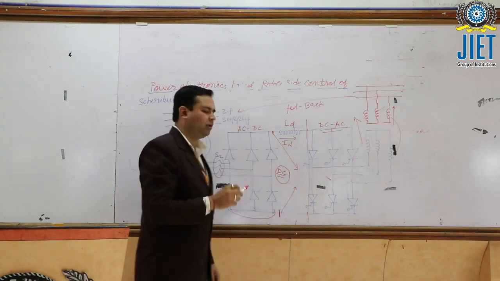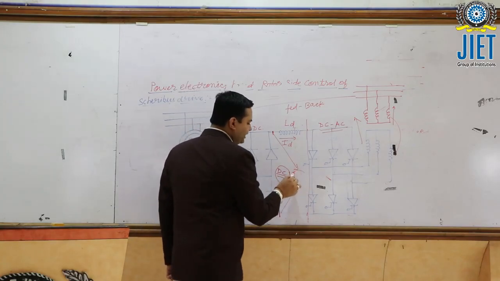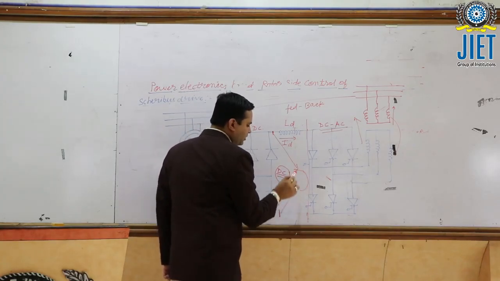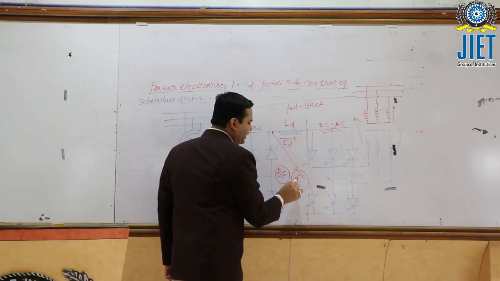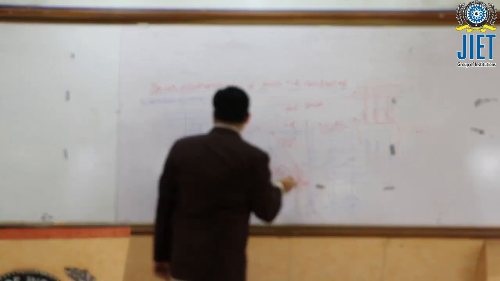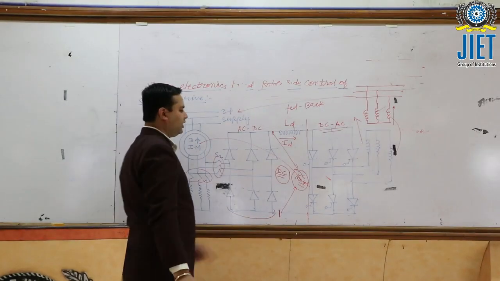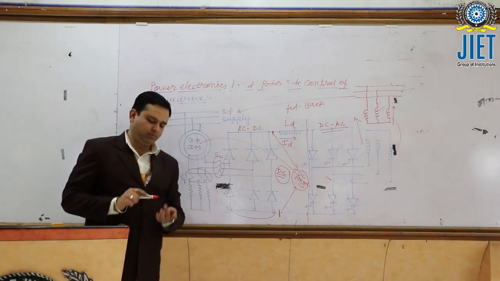Yes, it is possible. If we connect a DC motor here, then we can also change the speed of this induction motor if these two are mechanically coupled to each other.